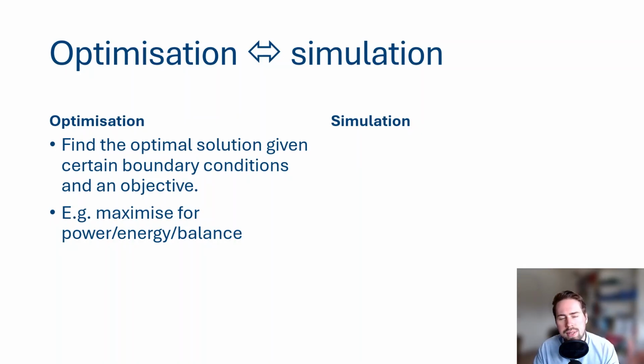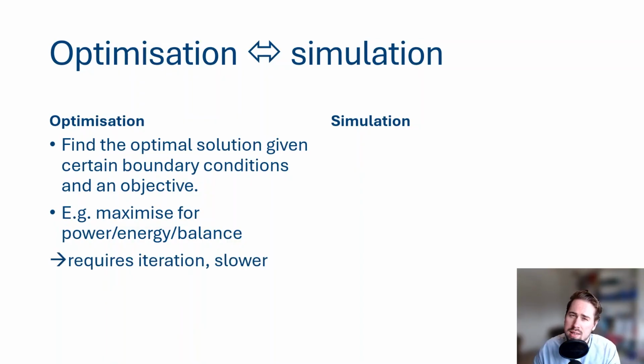So practically we have a certain borehole configuration, a certain number of boreholes, a certain depth. We have a load profile, and we will ask the software to calculate or optimize the system for a maximum power. This requires iteration because we want to make sure that the temperature stays within limits.